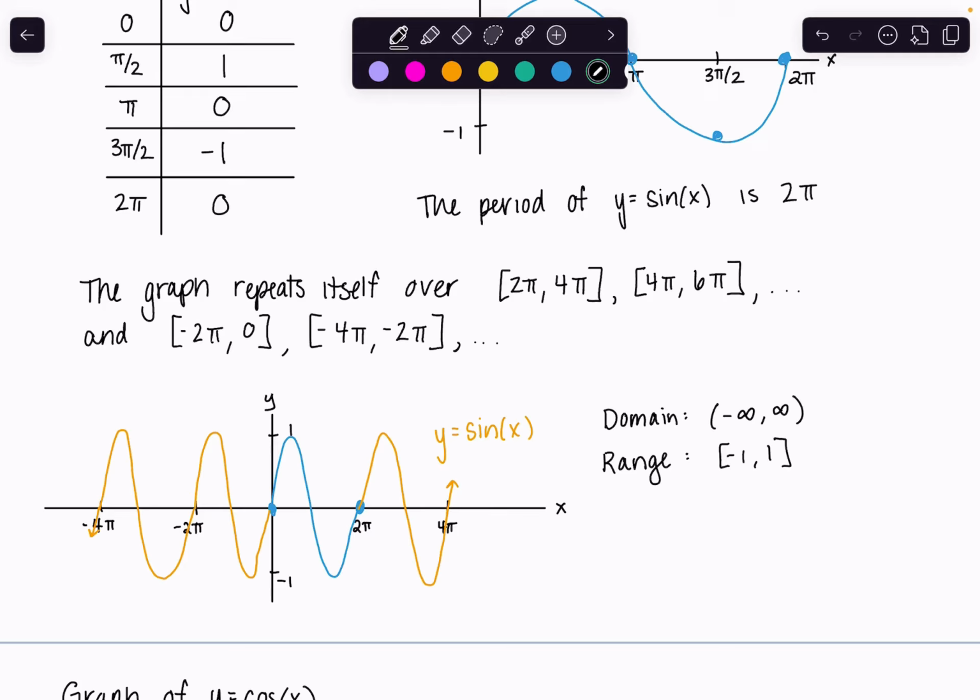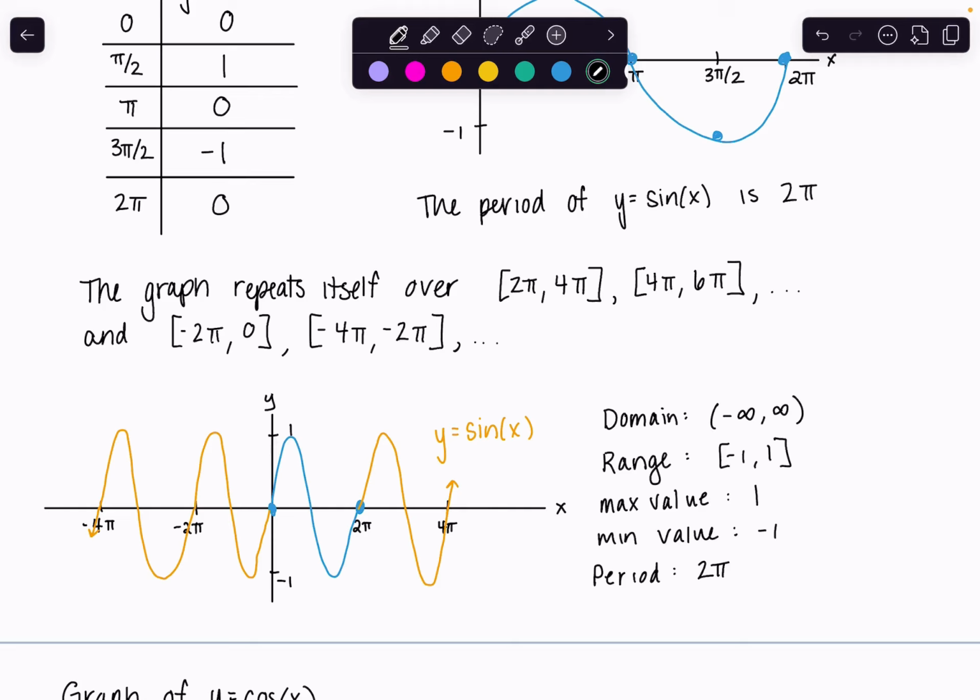That will only take on -1 to 1. The max value you're ever going to have is 1. And your min value is -1. Your period, in this case, is going to be 2 pi, because that's the length that repeats itself, okay?